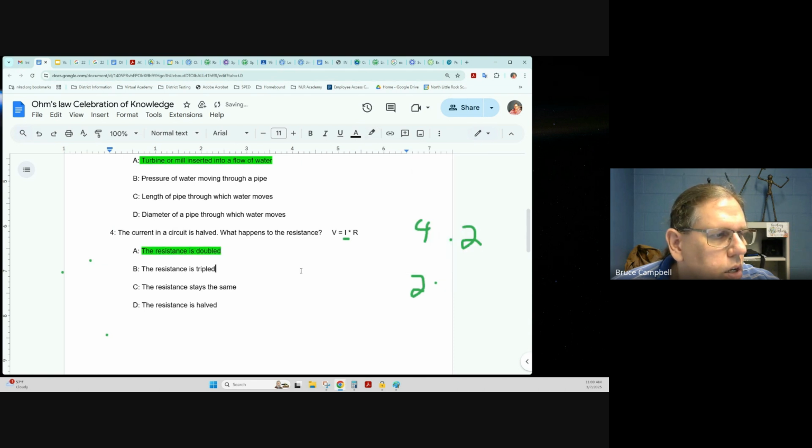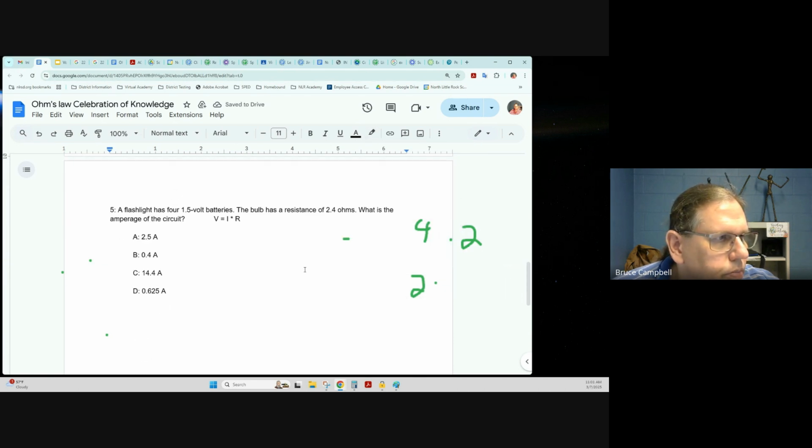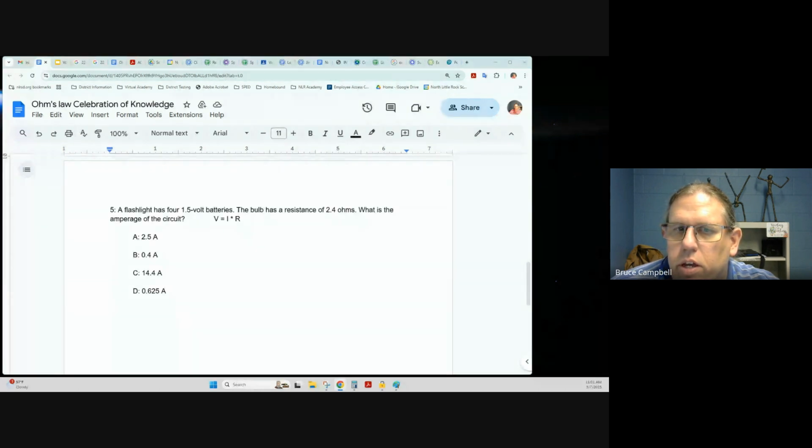All right. Last question. A flashlight has 4 1.5 volt batteries. Bulbs have a resistance of 2.4 ohms. What's the amperage of the circuit? So we have 4 times 1.5, that's our voltage.